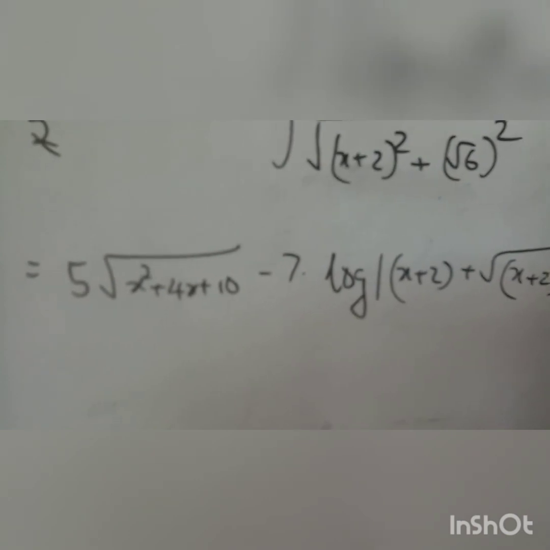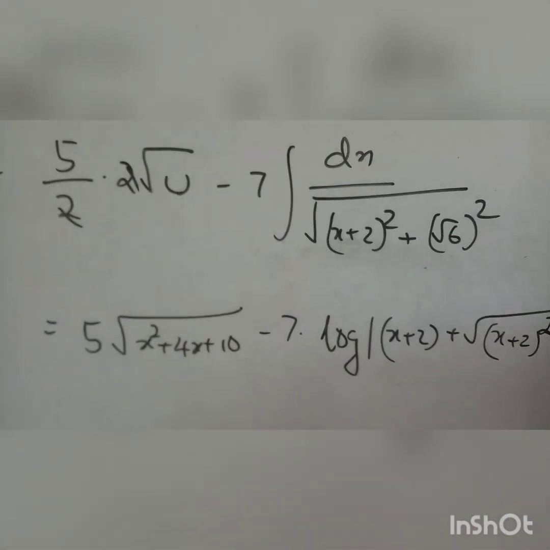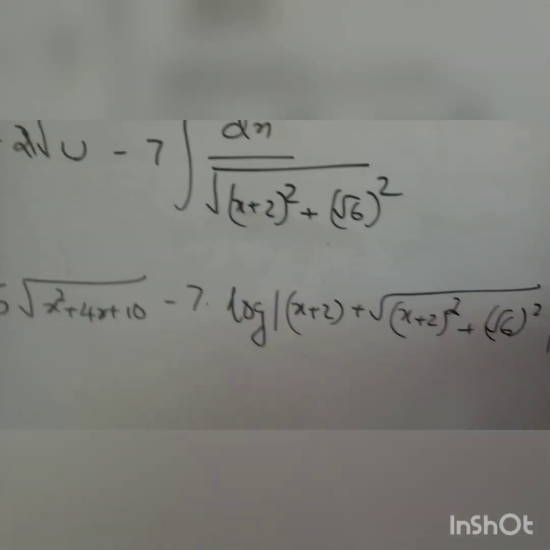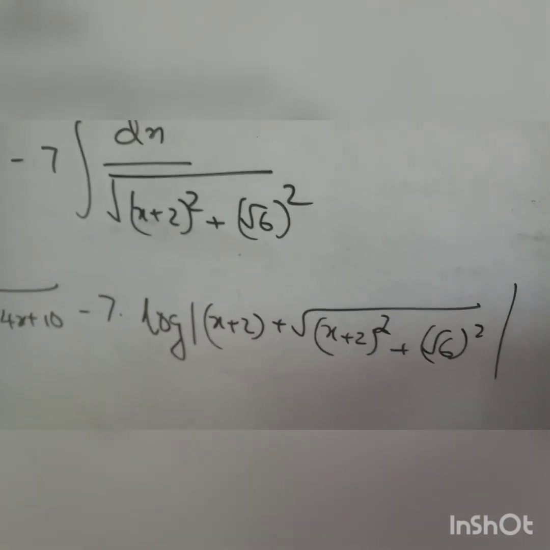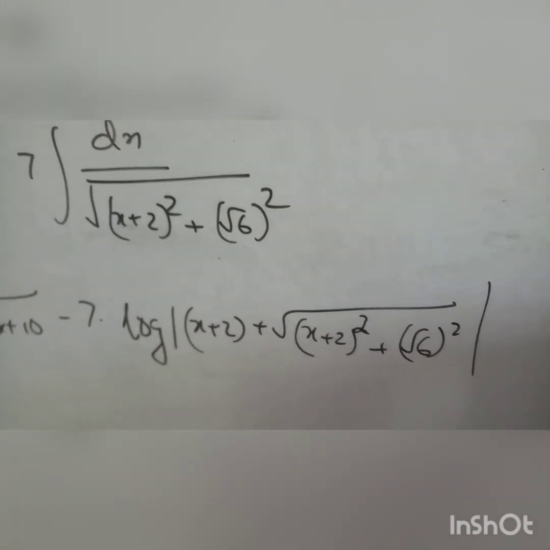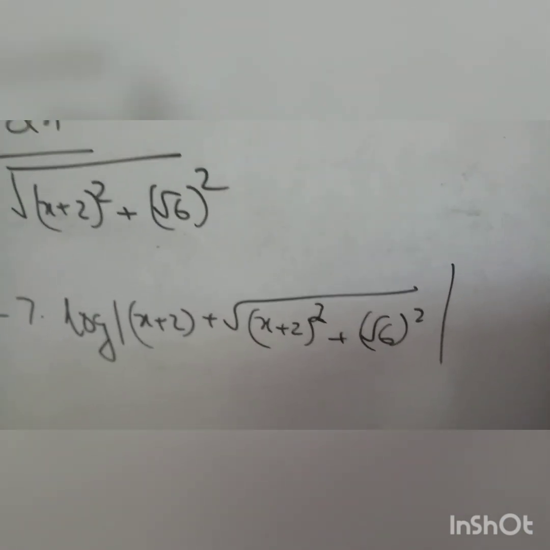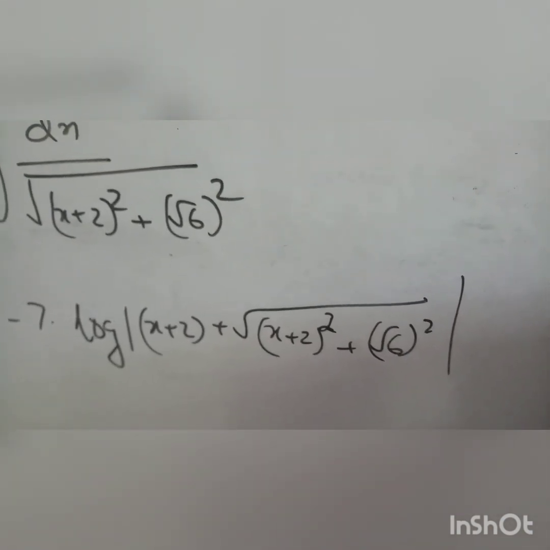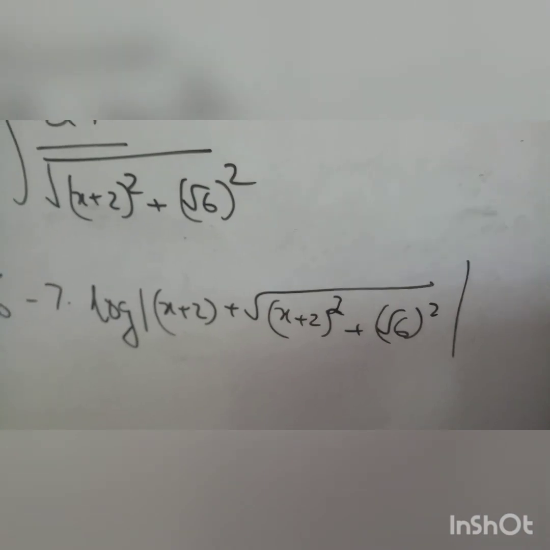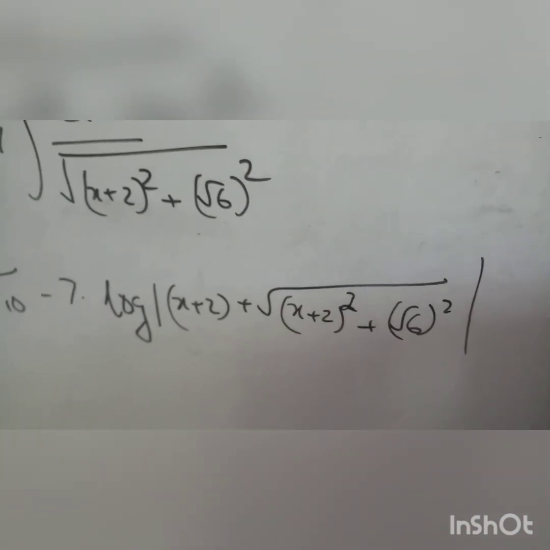So the final answer is 5 into root of x² + 4x + 10 minus 7 into log of (x + 2) + root of (x + 2)² + (root 6)². The last part is the same as the denominator of the given function, that you can simplify.